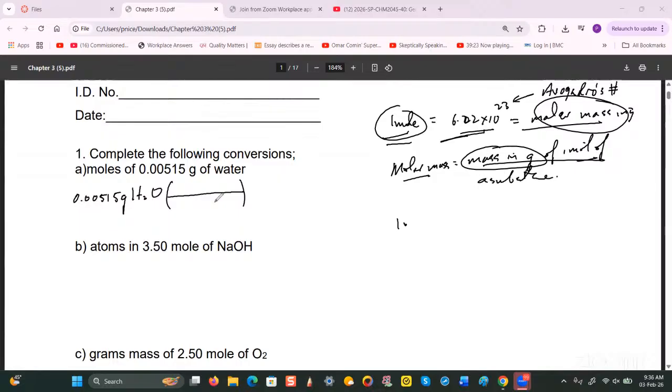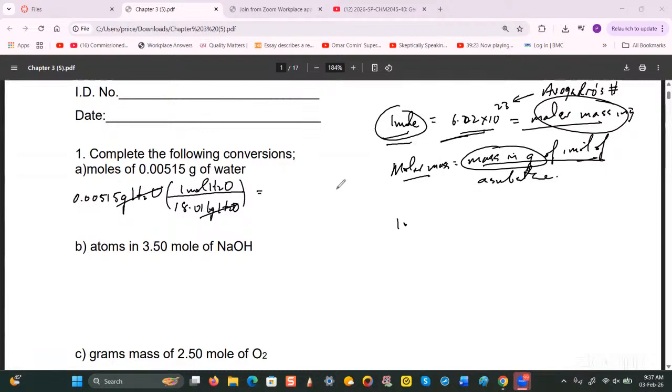So the way we represent it here is that we put the 1 mole of H2O above as the numerator, and down here we put the molar mass in grams, 18.016 grams of H2O below, so that these units will cancel out.